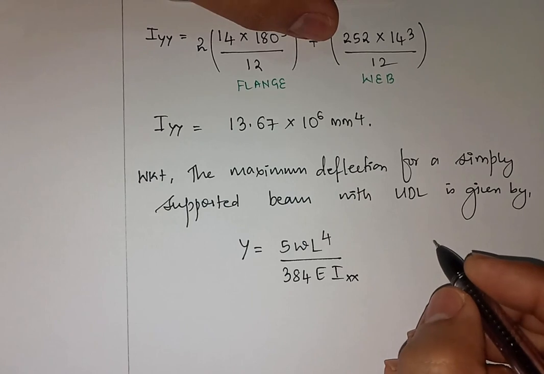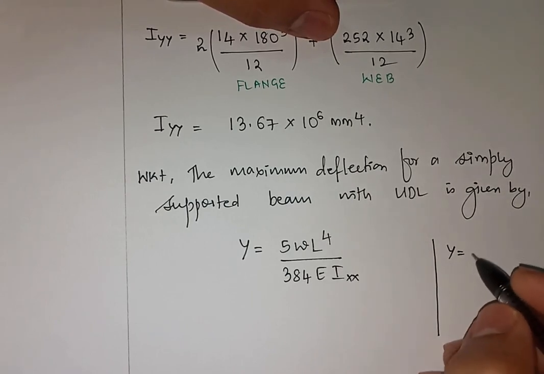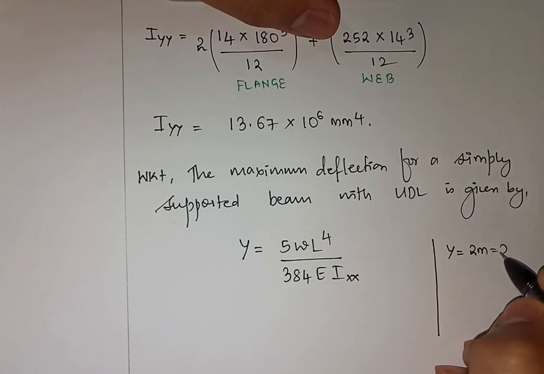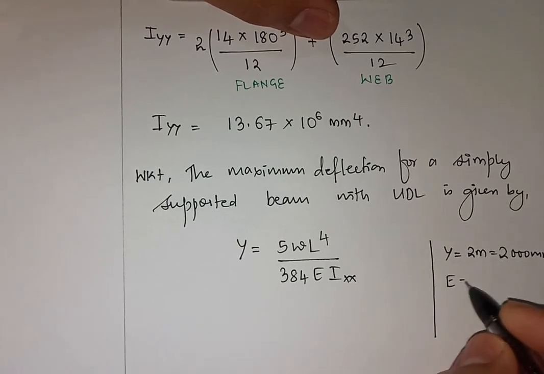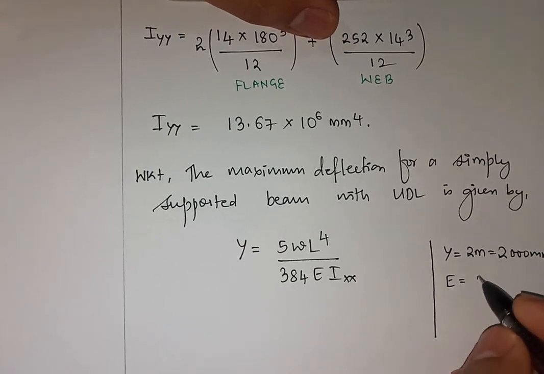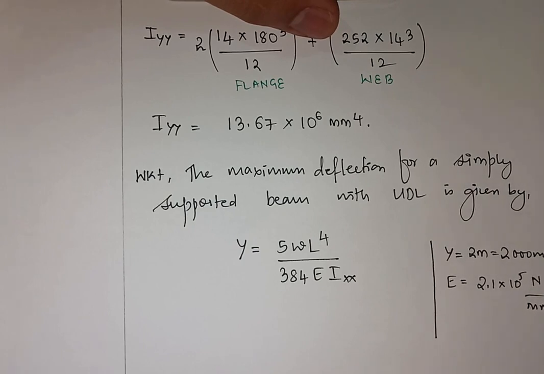Now here in this case, what all things are known, I'll just write here. Y is given as 2 meters, so you can take it as 2000 mm. Ixx I have calculated. E is given to me in the problem as 210 GPa, so you can take it as 2.1 into 10 raised to 5 Newton per mm square, right?